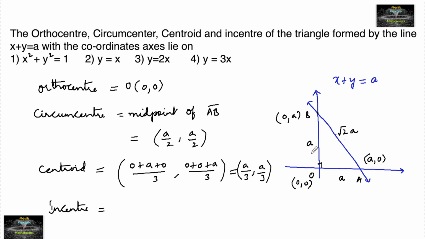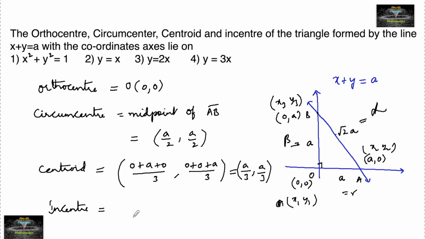We can write it like this: if the coordinates of the vertices are (x1, y1), (x2, y2) and (x3, y3), the sides opposite to the vertices you can take as alpha, beta and gamma.